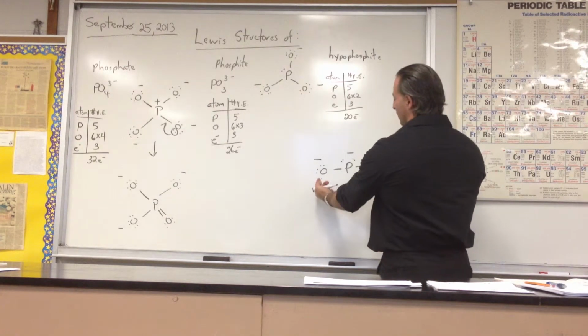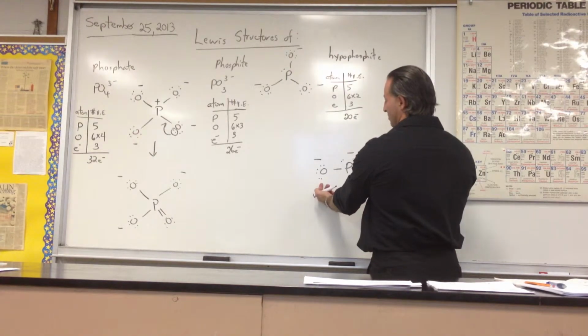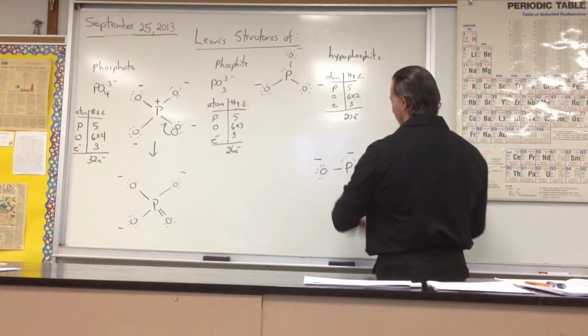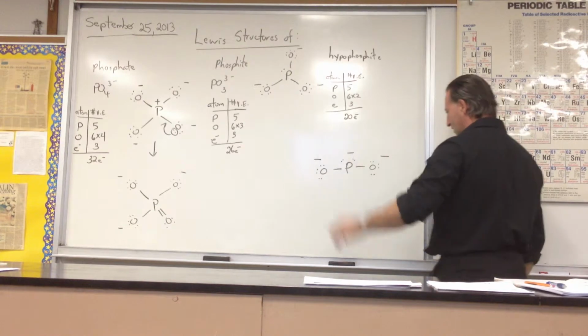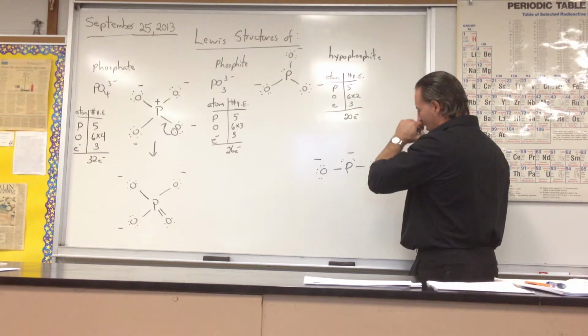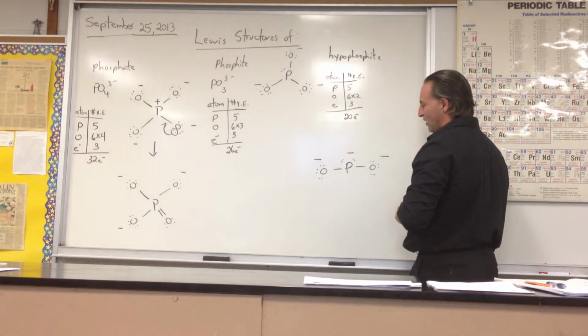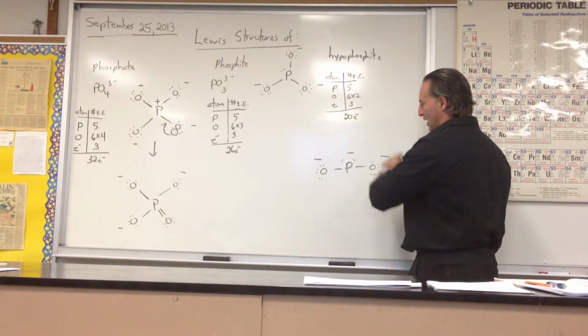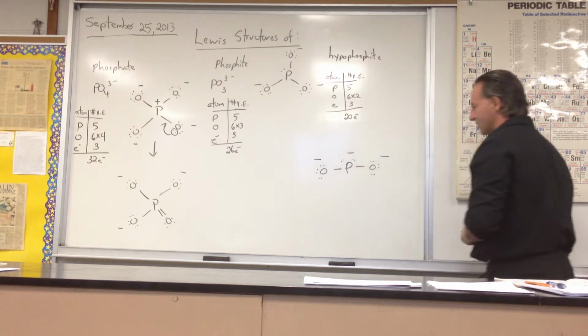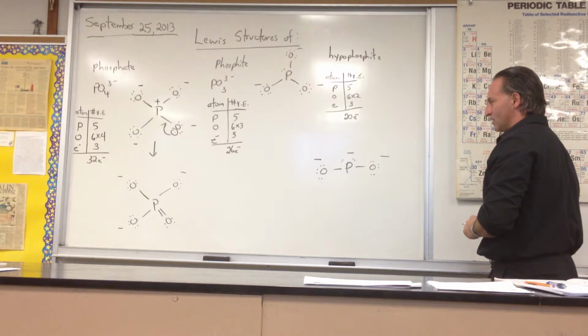The presence of the highly electronegative oxygen atoms probably withdraws the extra electrons towards them, but that's getting into more complicated stuff. We can leave this as the final Lewis structure for hypophosphite. It has the correct number of charges, and each one of the octets is fulfilled.